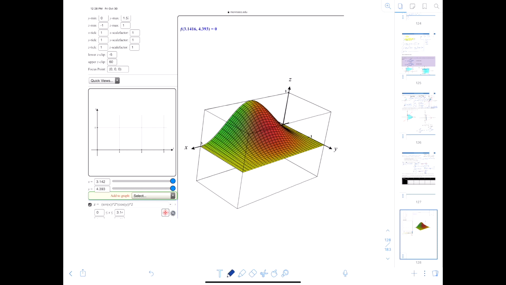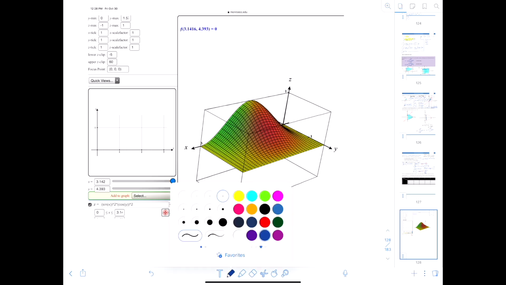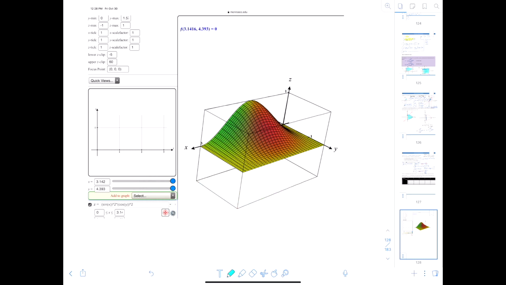And if you think about it, you're making infinitely many of these. Let's see, I don't know if it'll show up well or not.